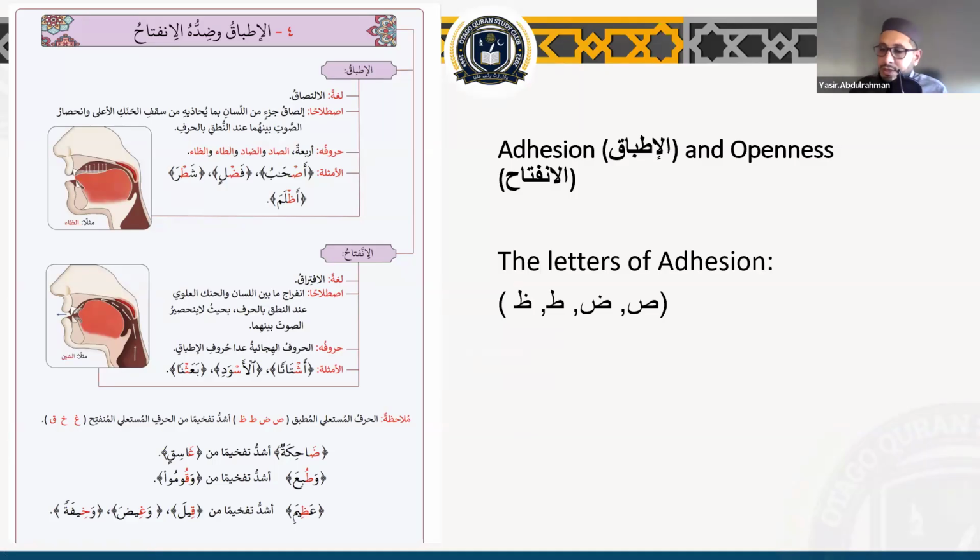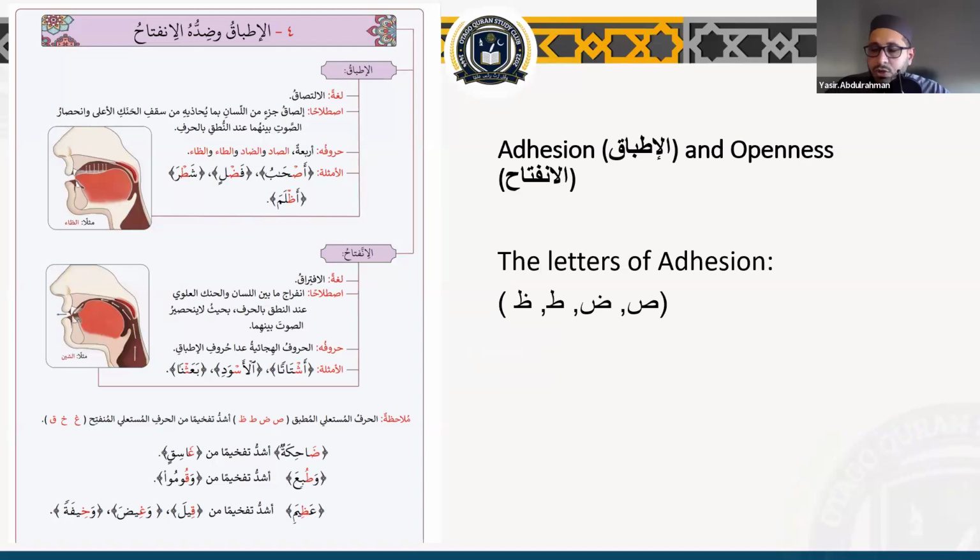So if you read from the first slide, it talks about how the Arabic letters are in two groups. One group of 4 letters, which is called itbaq letters, and all of the other 25 are of the infitah letters.